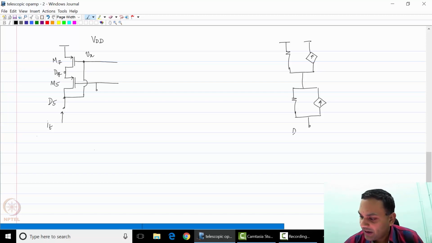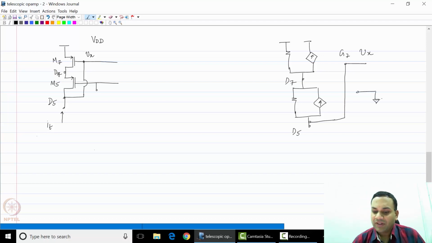So clearly D5 is the node which is being excited with my test current source. This is D7, and the gate of M7, which I'll call G7, is also shorted to this particular node. And of course, the gate of M5 was originally connected to some bias voltage VB5, which we will now connect to ground.